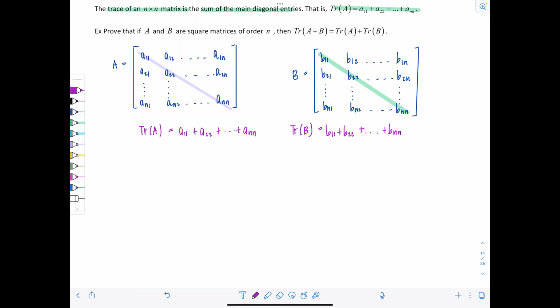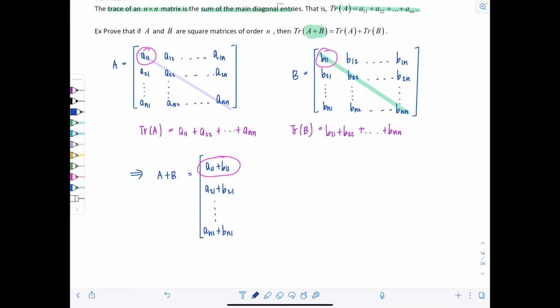So what would matrix A plus B look like? Because that's also a matrix whose trace I need to find. Remember how we add matrices? I didn't actually do an example with you because it's pretty straightforward, so we'll look at it now. So we've got A11 plus B11. When you're summing up two matrices, they have to have the same size. You just add the corresponding entries. So that's the new row 1, column 1 entry. Then just keep going. You would have A21 plus B21 all the way down to AN1 plus BN1.